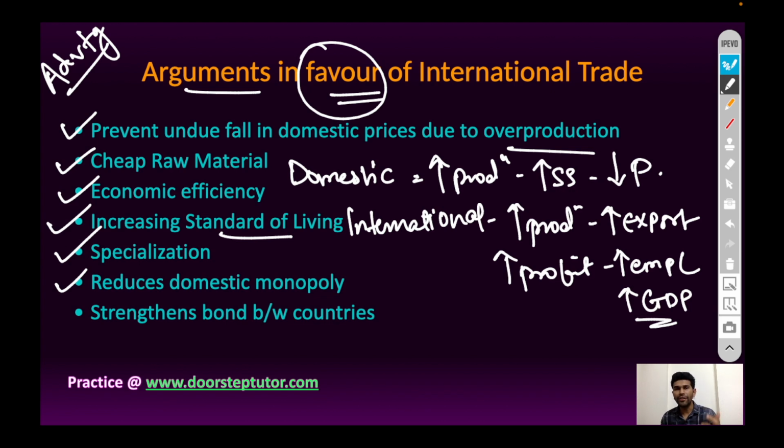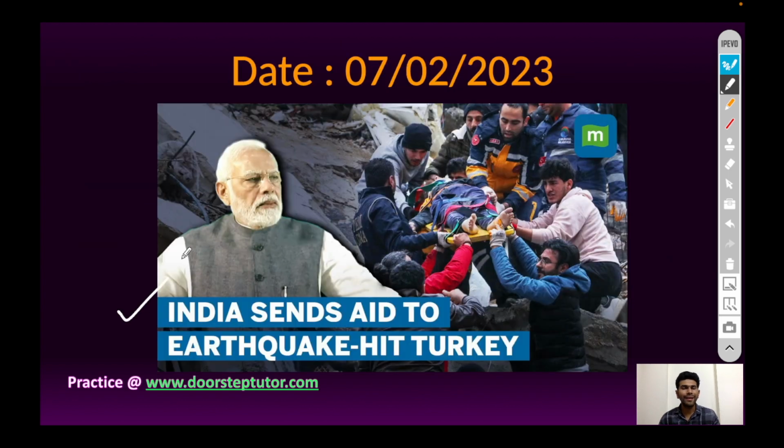Monopoly creates inflation in the market, and due to international trade, competition increases, and competition helps to reduce the price of goods and services. Last, strengthens bond between countries. Supply of goods and services during the time of natural calamities helps to improve bonding between countries. For example, India has provided services to different countries at the time of natural calamities.